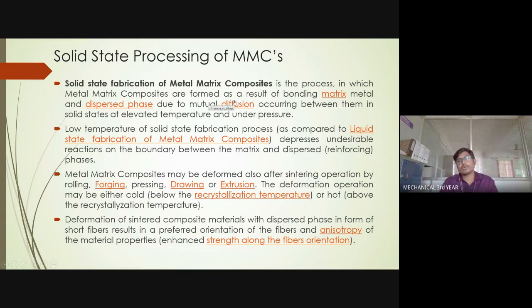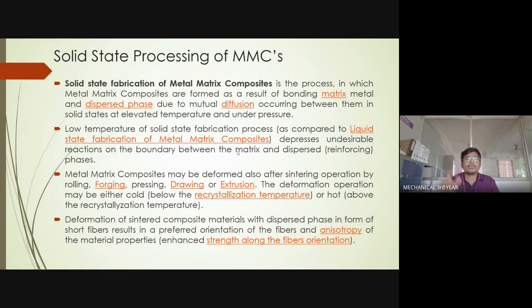Next, we are going to mix these two in order to become a composite material. The low temperature of the solid state fabrication process limits undesirable reactions on the boundary between the matrix and the dispersed phase. Metal matrix composites may be deformed after sintering by rolling, forging, pressing, drawing, or extrusion. Sintering is nothing but applying pressure.